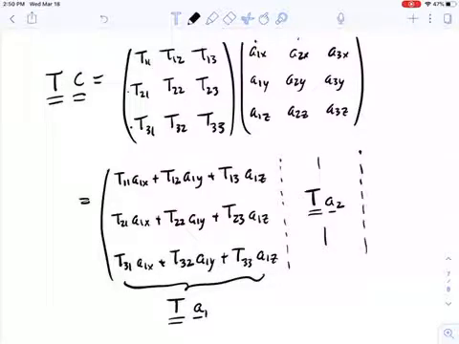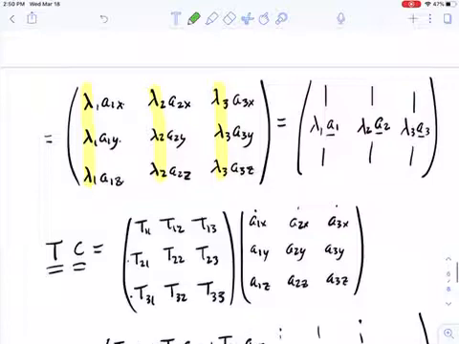And then if you did the third column of matrix C, you would just get the matrix T times A3. Okay, so I want to compare this result to this result.